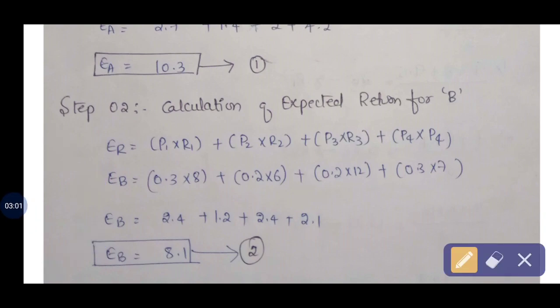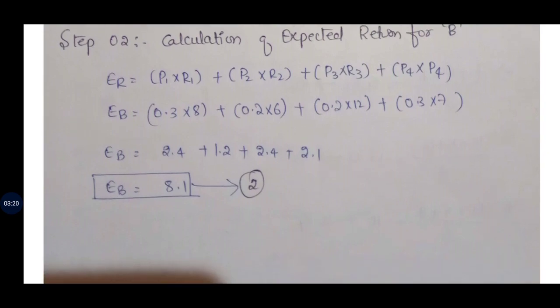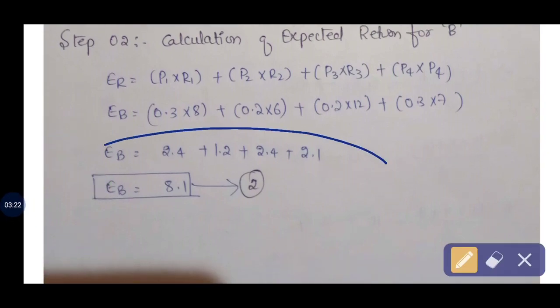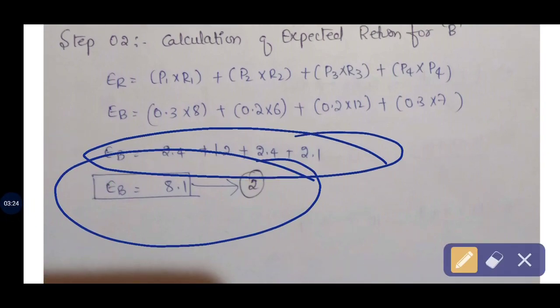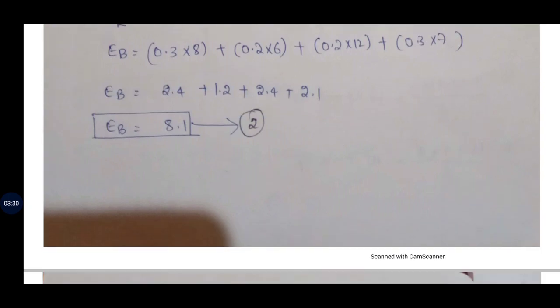So 0.3 into 8 plus 0.2 into 6 plus 0.2 into 12 plus 0.3, that is P4, into 7, this is R4. If we add all this after multiplying, the answer is 8.1. This is the expected return for B security.